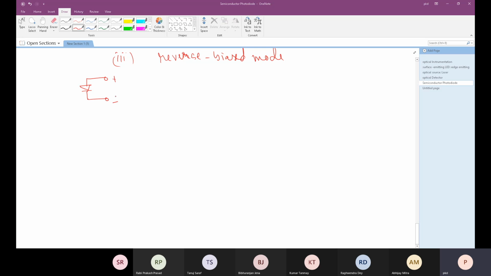So this is the photovoltaic mode, the short circuit mode and the reverse bias mode.